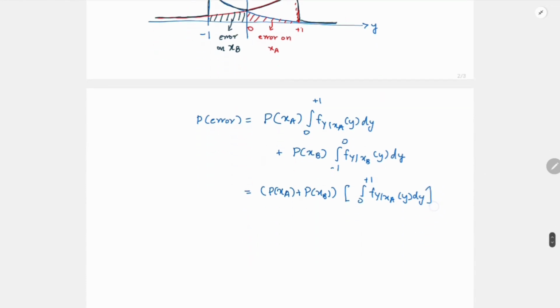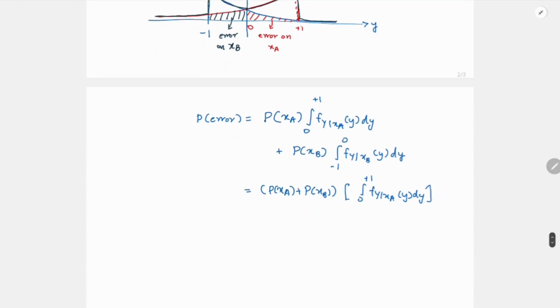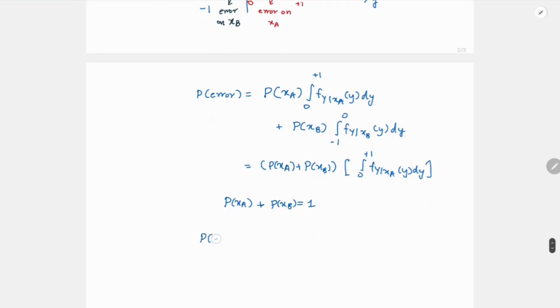Now if you notice, they haven't given p of xa or p of xb. But we know that p of xa plus p of xb is equal to 1 because the transmitter is only sending two symbols, right? So their sum should always be equal to 1. So then your probability of error is nothing but the integral from 0 to +1 of f of y given xa of y into dy.